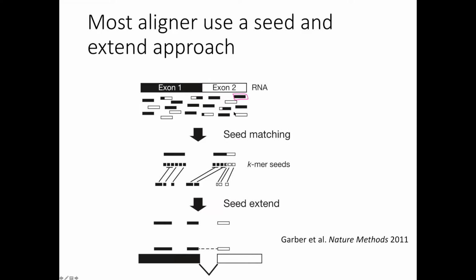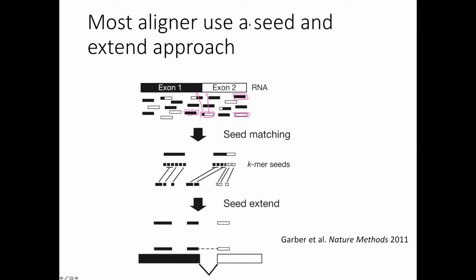And now these reads that are coming out are coming from either exon 2 or from exon 1. But then there are also going to be these reads that contain this part that is from exon 1 and this part that is from exon 2.